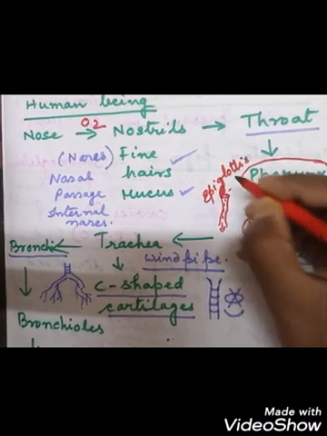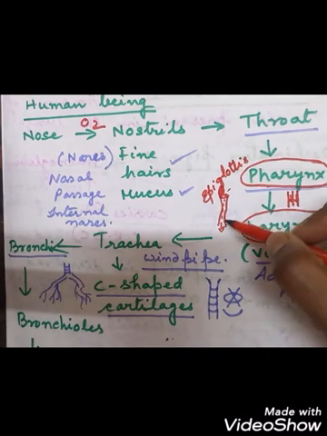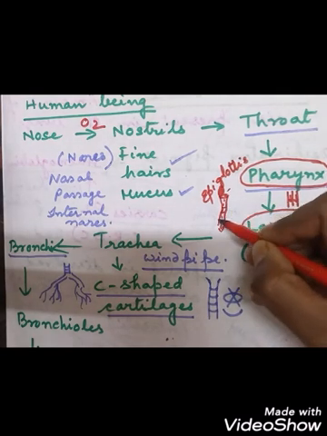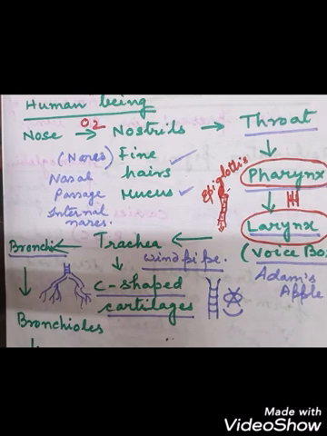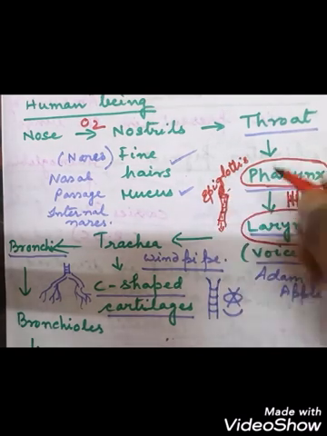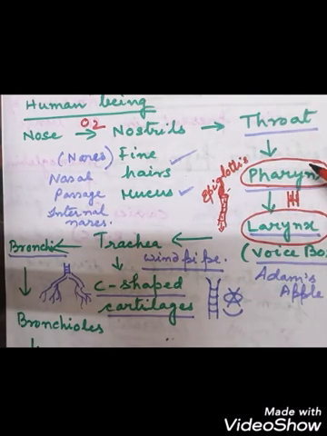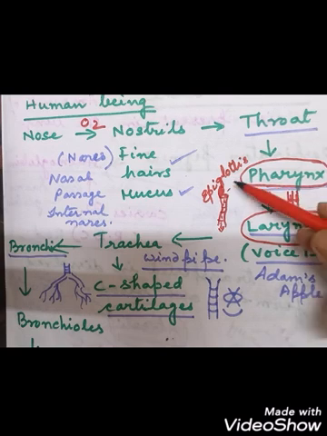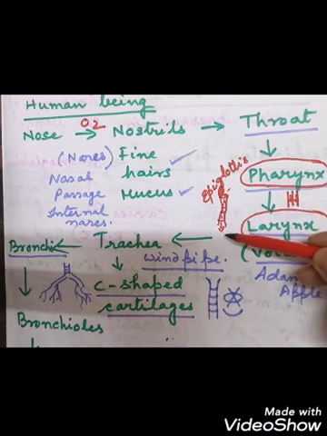Epiglottis will close so that food particles will not enter the windpipe. Correct? So this pharynx will lead to windpipe and food pipe. Food will always go to the food pipe and air will always go to the windpipe.